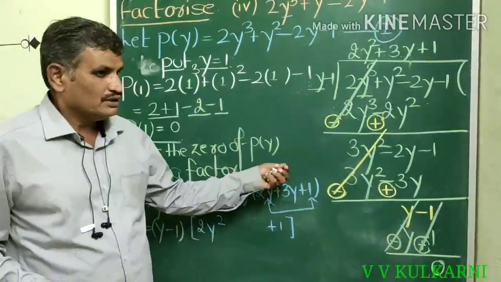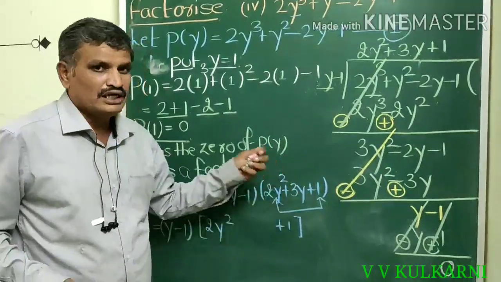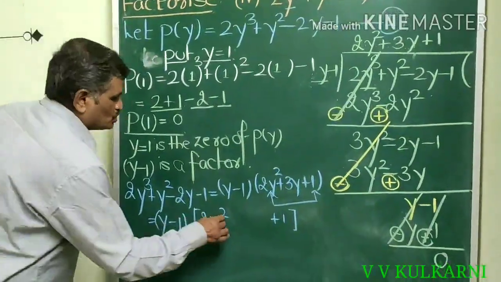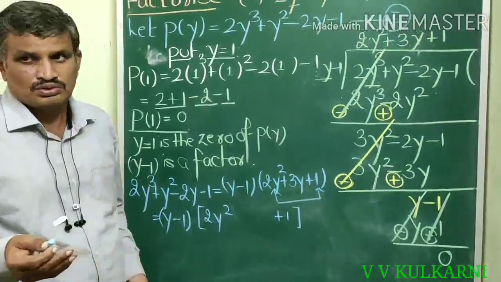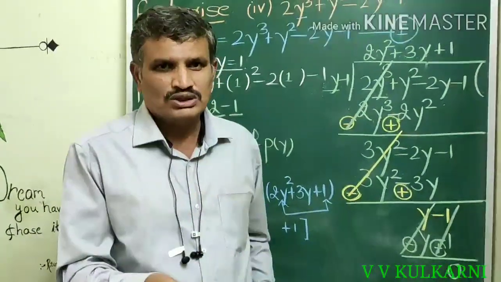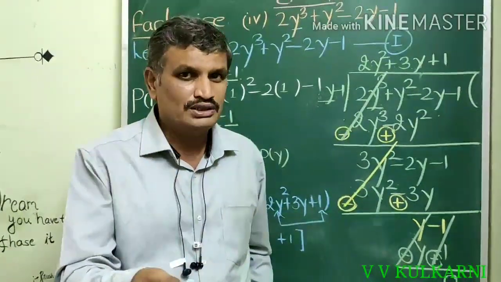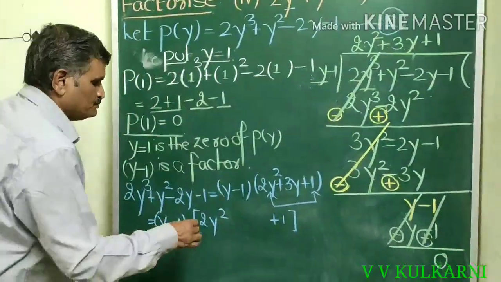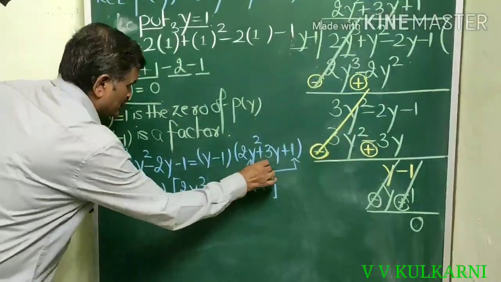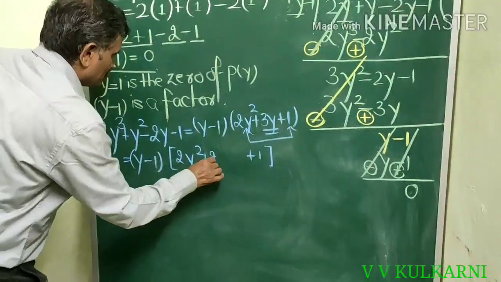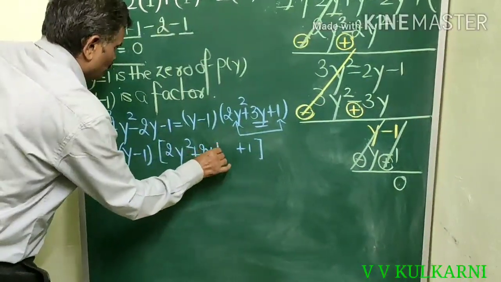If I multiply, I should get 2y square. Adding and subtracting, I should get 3y. So what I should do? 2 ones are 2, 2 into y is 2y square, and 2y plus 1y is 3y. So I'll have to use, instead of this 3y, 2y plus 1y.